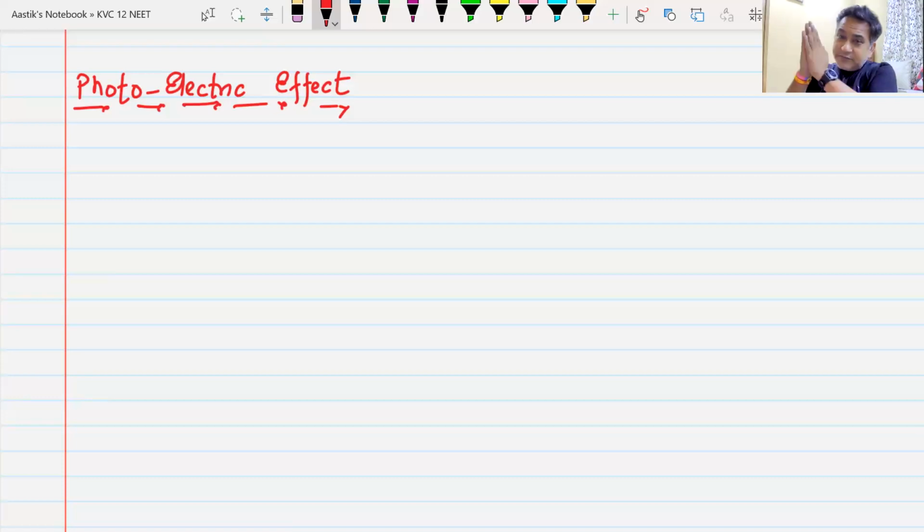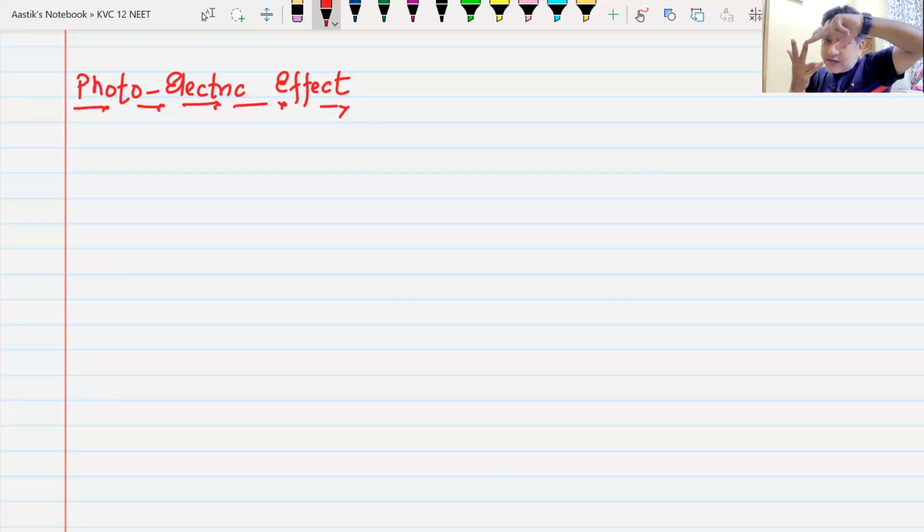If I place this metal in a strong electric field, it can accelerate the electrons and give them sufficient energy, they can become free and say bye-bye to the atom. So it can be done by an electric field. Or, this is a metal surface, I can bombard it with particles. These particles can be electrons, protons, or neutrons.